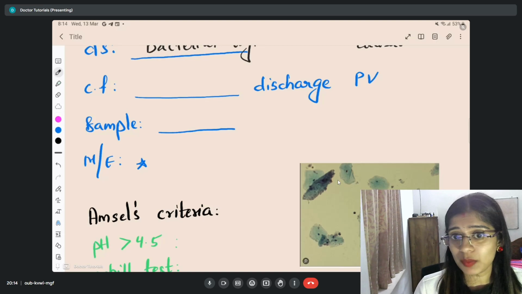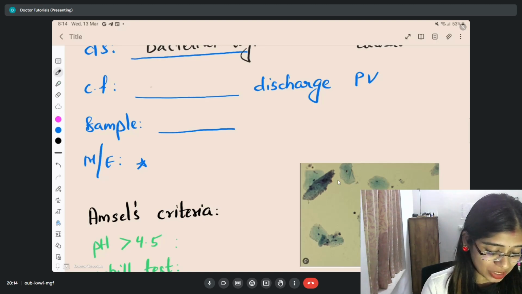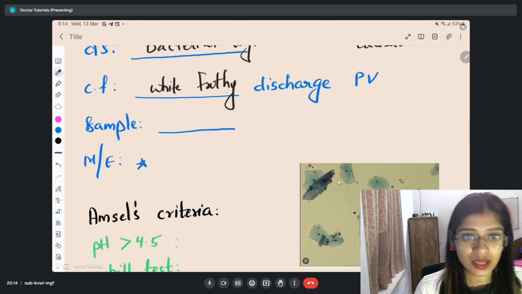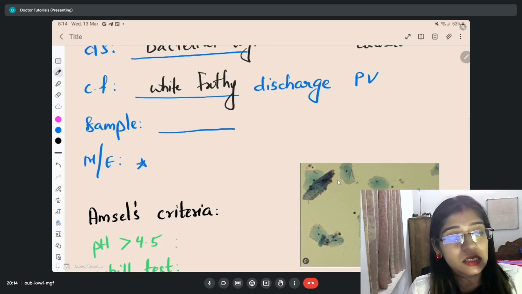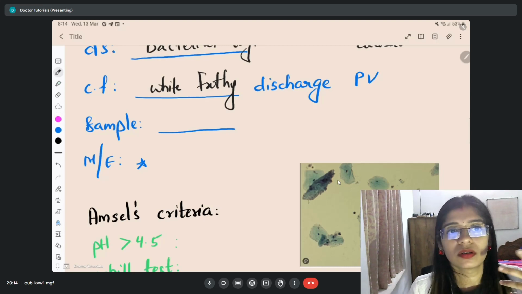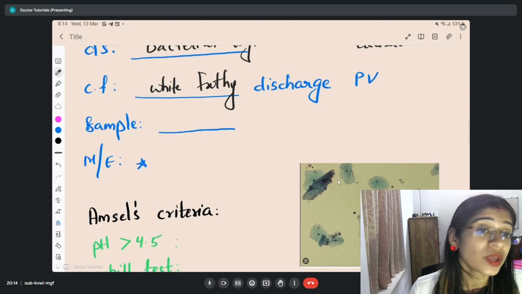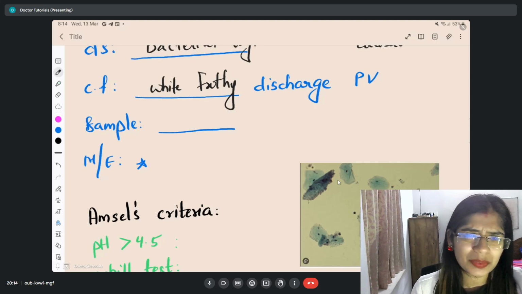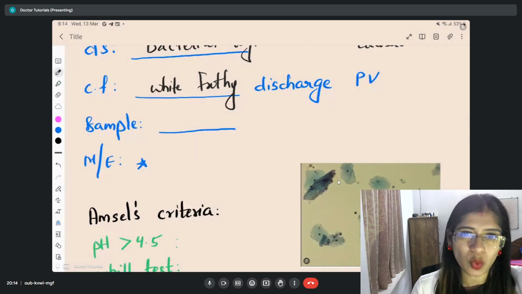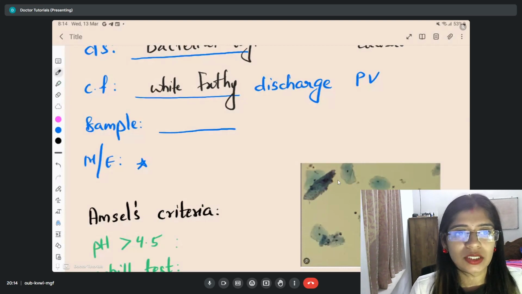A female will come and tell the doctor she is having white frothy discharge from the vagina. So definitely you must suspect bacterial vaginosis if the patient is telling you white frothy discharge. What do you mean by frothy? Like soap water. Yeah, so that's called frothy discharge. So you will think about bacterial vaginosis.